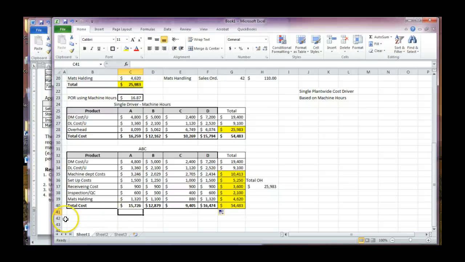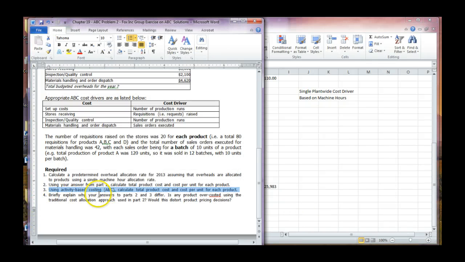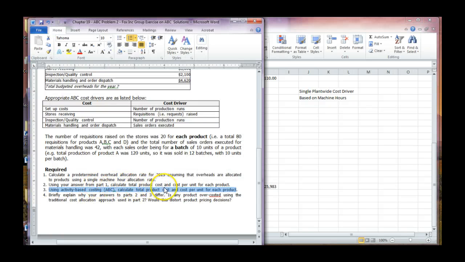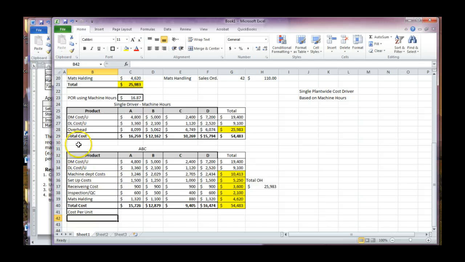So the answer for 4, actually, when it asks you to, using activity-based costing, calculate total product costs and cost per unit. So here's your total cost. They want cost per unit. Did they want that for 3 too? They did. They wanted that for 3 as well. So let's do that for 3 as well.